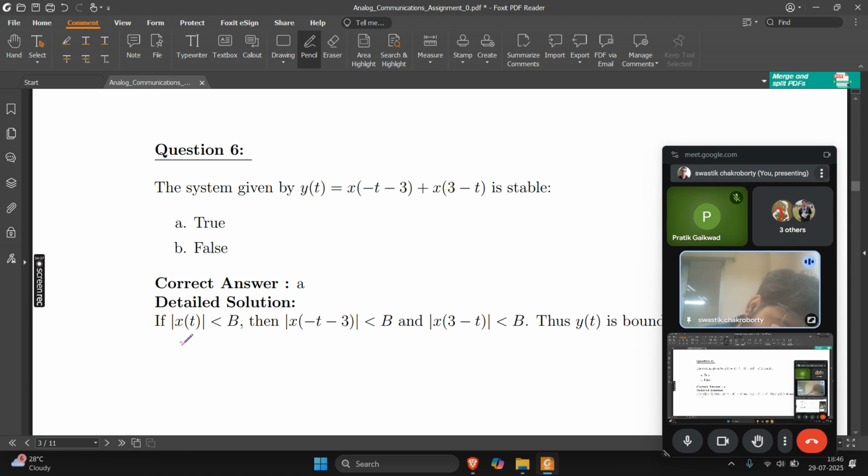What stability means is that if your input is bounded, your output has to be bounded. If your input goes unbounded, goes to infinity, then the output might go to infinity, but that is another question. If your input is bounded, your output should be bounded. That is called BIBO stability: bounded input, bounded output.